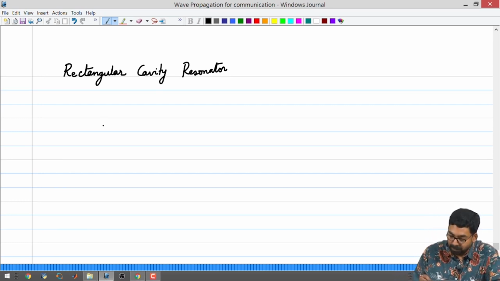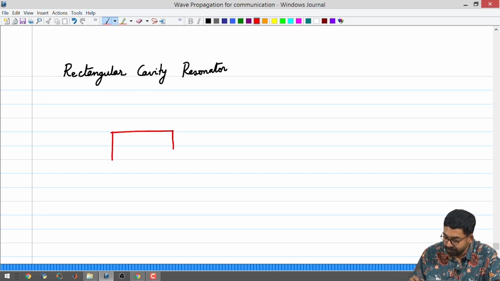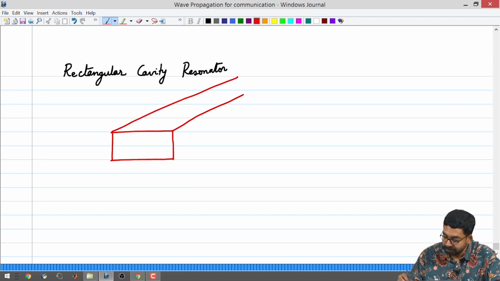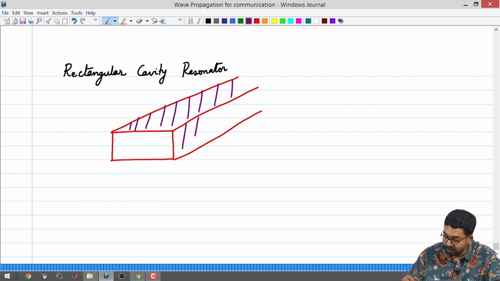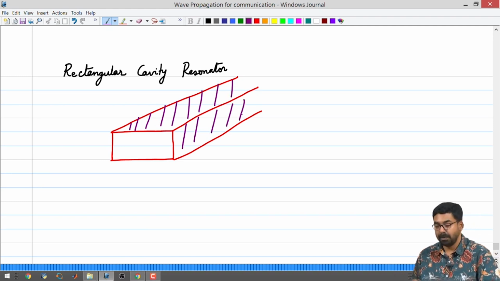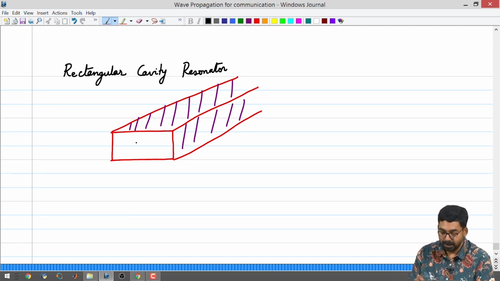Just to brush up what we had seen earlier, the structure looked like a rectangle in cross section, and it was assumed to be infinitely long. Alright, and the assumption is you have the top, bottom and the four sides to be made up of metal, and the region inside over here could be a dielectric.